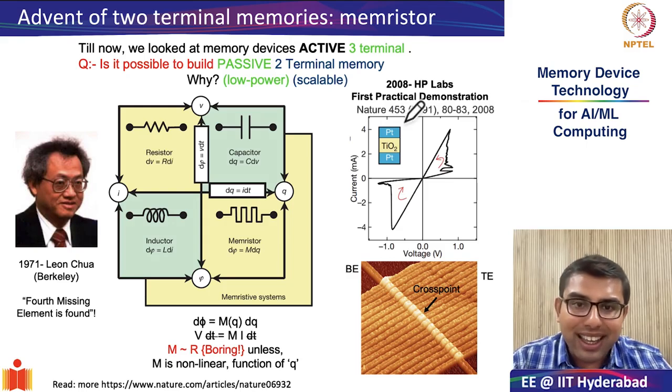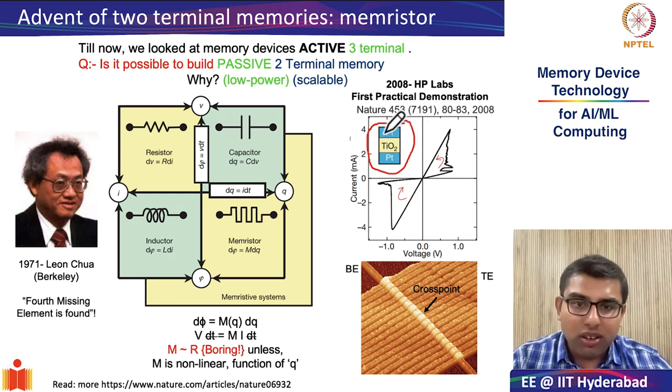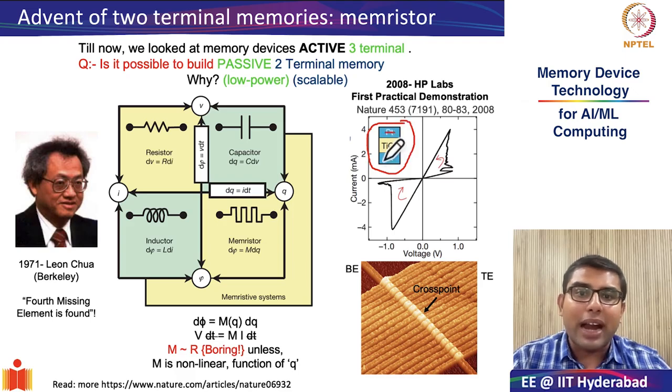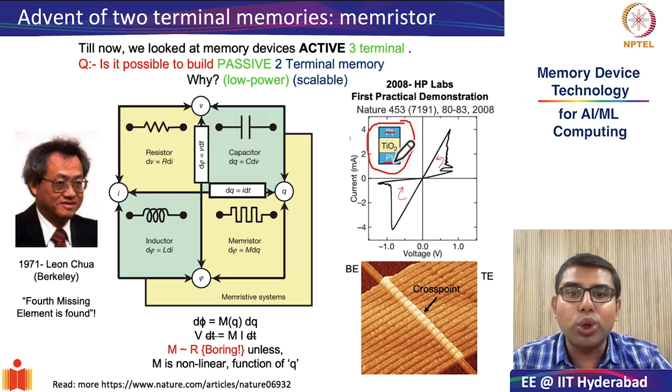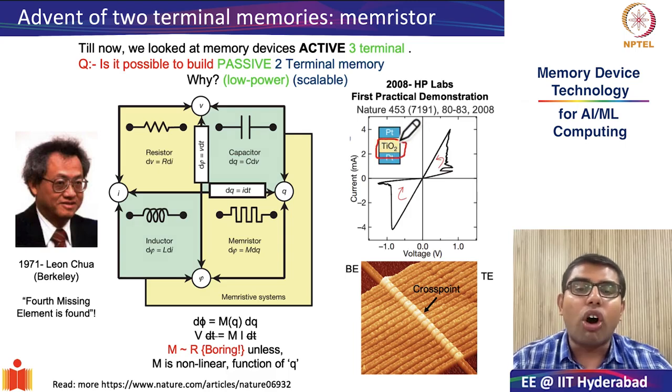So here we see that a memristor is exactly what we want it to be. It is a practical two-terminal device. What is this two-terminal device? You have one electrode of platinum, another electrode also platinum. In between, you have an oxide, TiO2, titanium oxide. And this shows very interesting memristive behavior.